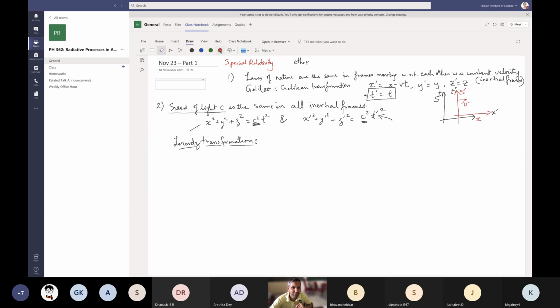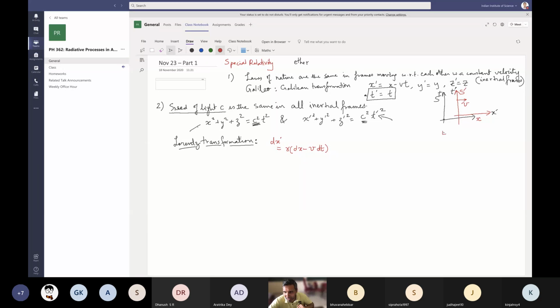Okay, so let me even write it in red. Dx prime equals, so this is the coordinate measured in the x prime frame. Dx prime equals gamma times dx minus v dt. Okay, so this is the coordinate of some event, right?